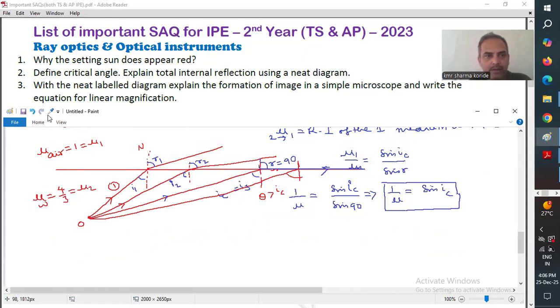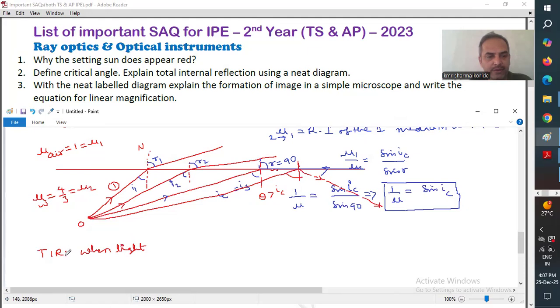From this idea, we get the definition of total internal reflection, TIR. There is a chance for this ray to come down. So it bounces back, it reflects back into the same denser medium. This phenomenon is called TIR.